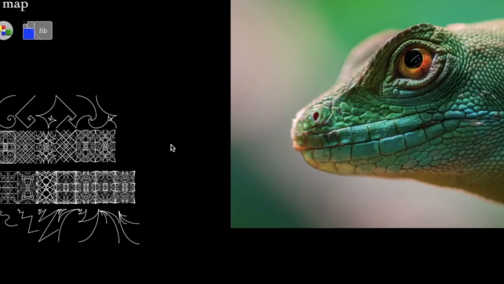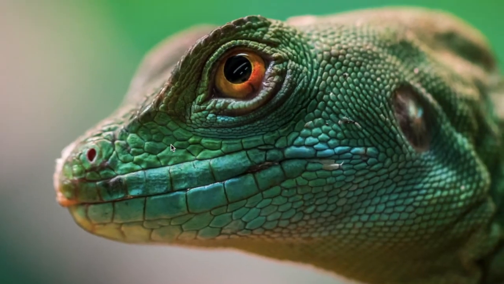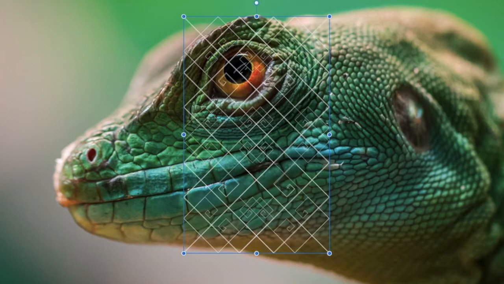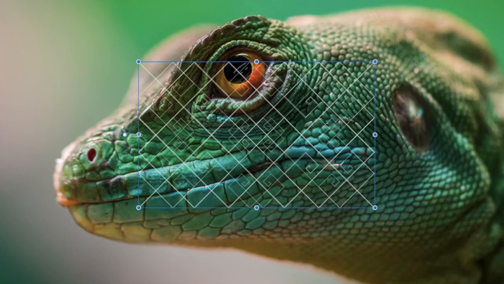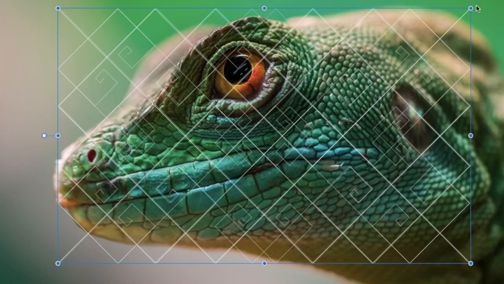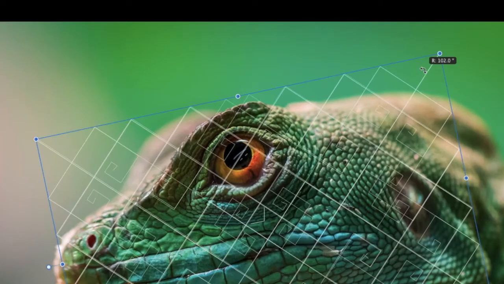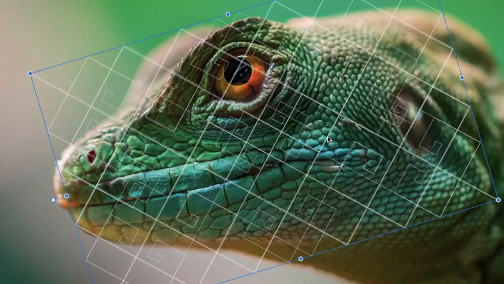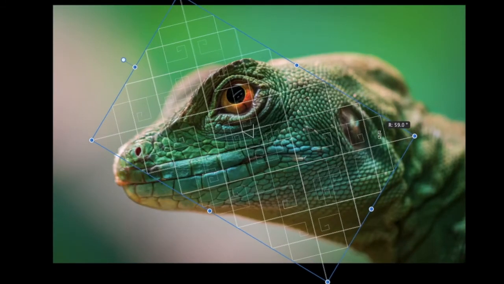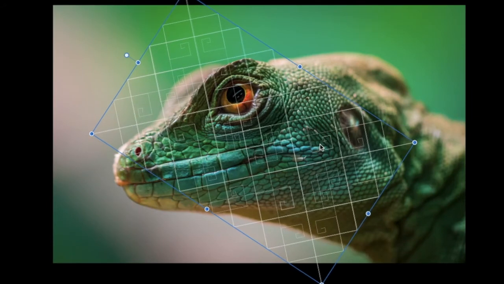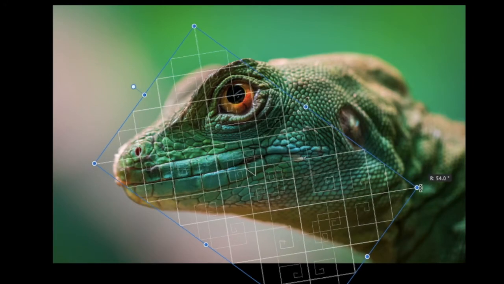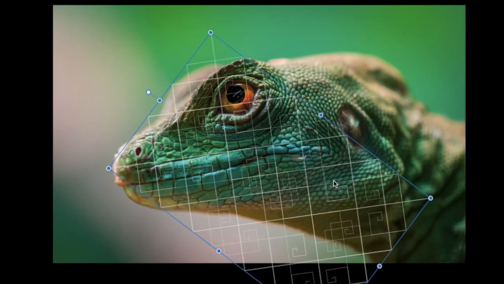Let's try one last one. We'll do the phi spiral line map. This one's bisecting squares, so might be something like this.